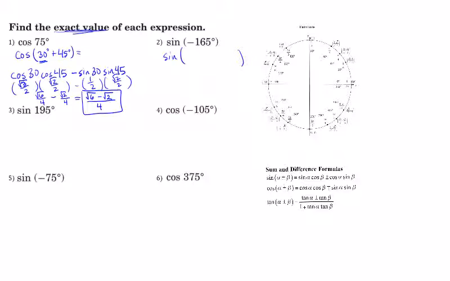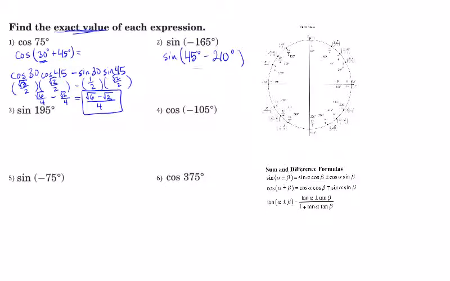So if I did 45 minus 180, that wouldn't work. What about 210 or 45 minus 210? Right, that should work. So 45 minus 210 is negative 165, so those are equal.